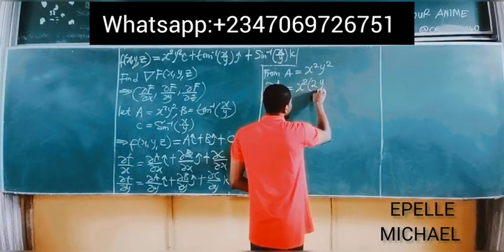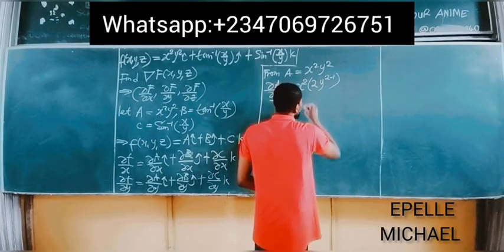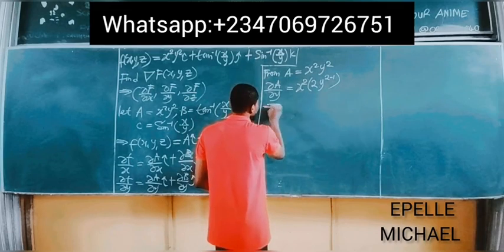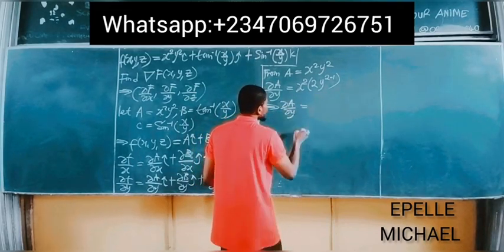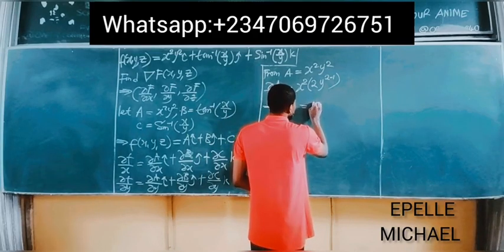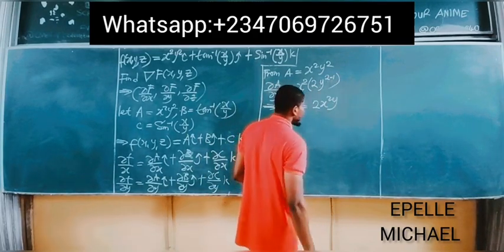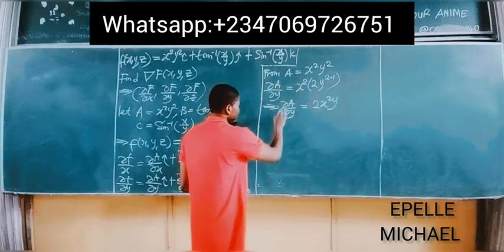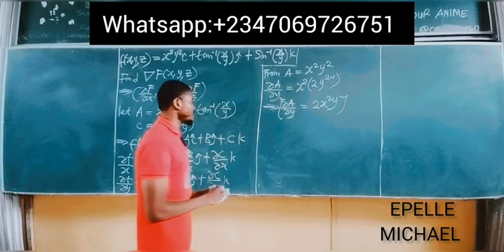It becomes 2 times y. Remove 1 from the power of 2, 2 minus 1. Okay, you have this. So this simply implies that the partial derivative of a with respect to y is now equal to 2x squared y. Of course, 2 minus 1 remains 1. So you have that to be the partial derivative of a with respect to y. So you keep this derivative aside.